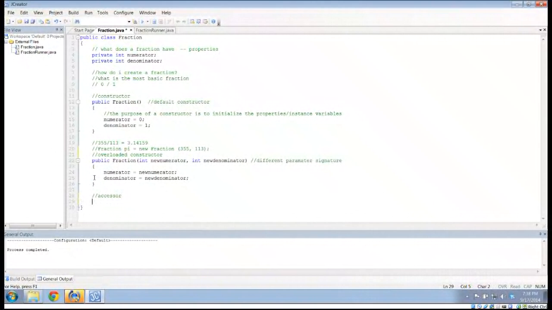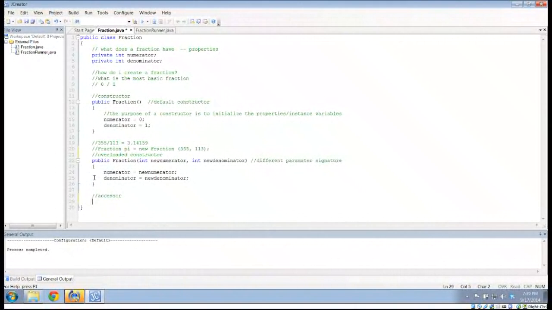In other words, we're going to create a very specific way to get the data out of here. My numerator is private, but there are some situations where I want a person looking at this fraction to be able to peek in and see my numerator. Not touch it, but just see it. Just be able to look at it.